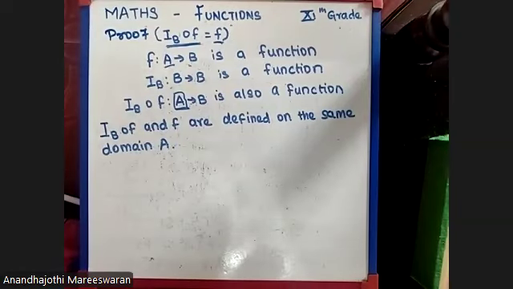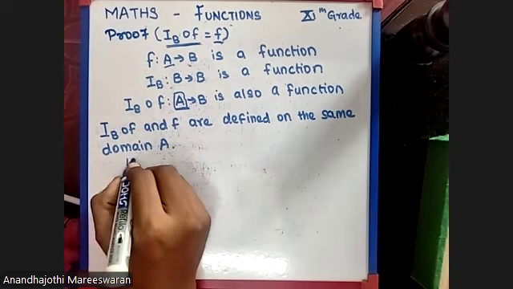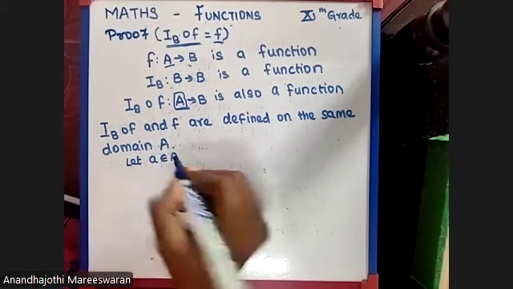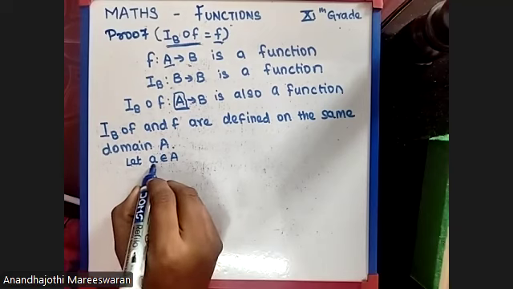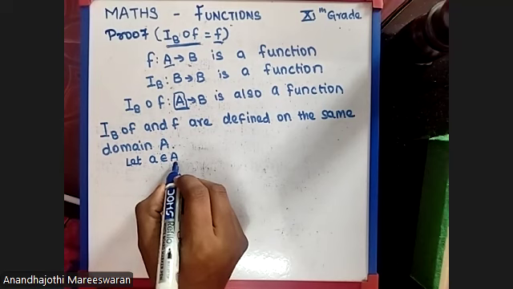Yes, of course. Next we are going to put a random element into this function and check in which way it behaves. So let's take an element a belonging to set A. Small letter a represents an element, capital letter A represents a set.